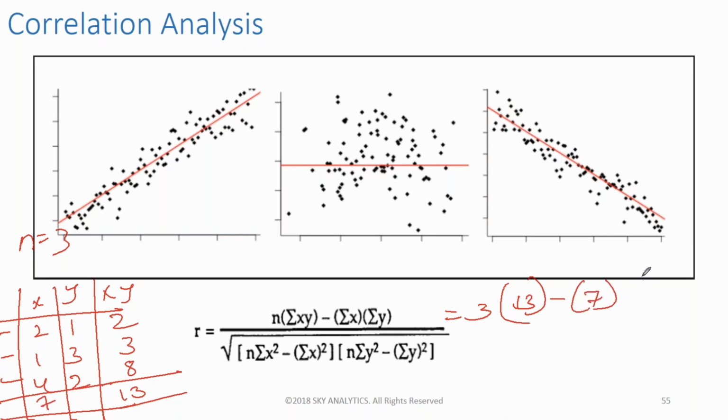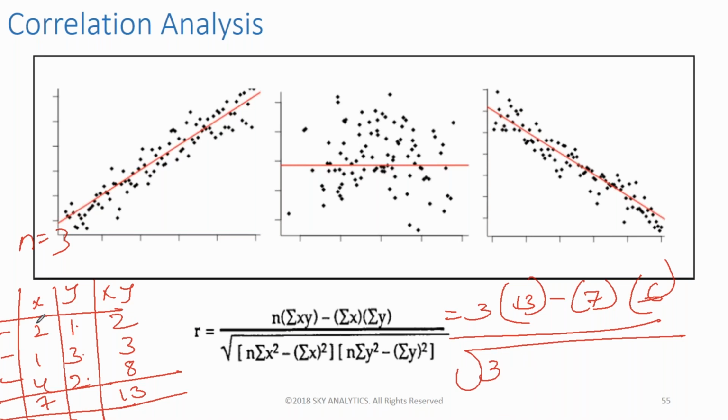7, summation of Y is what? 4, divided by the square root of N, which is 3, times the summation of X square.